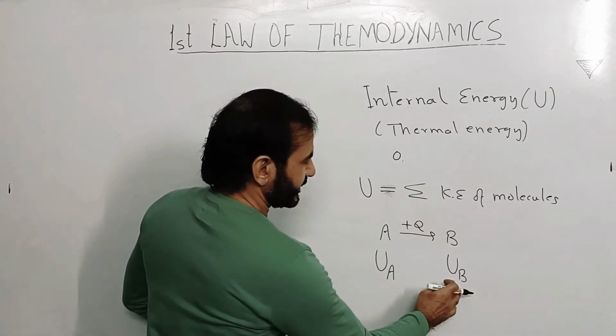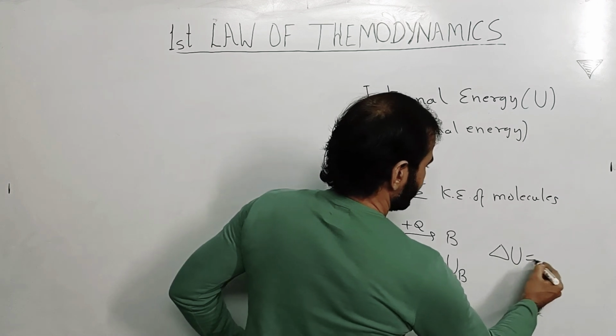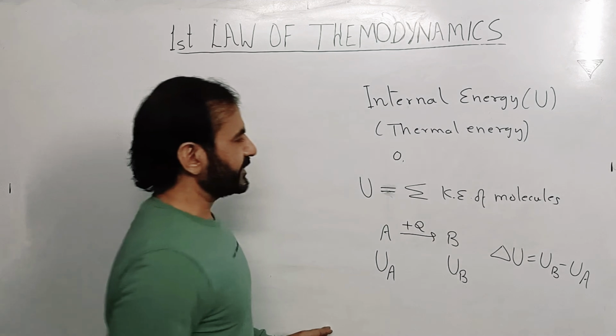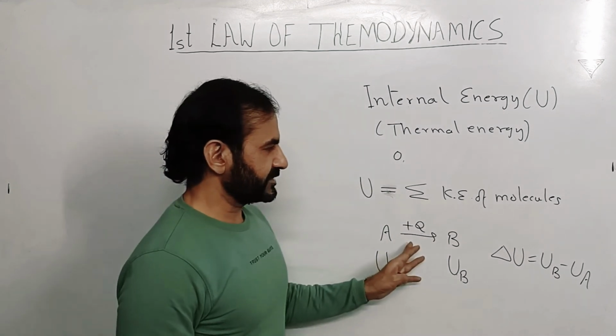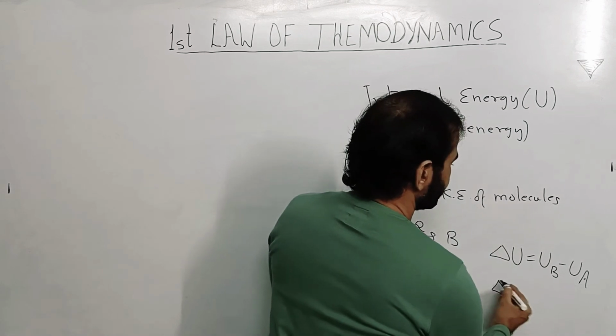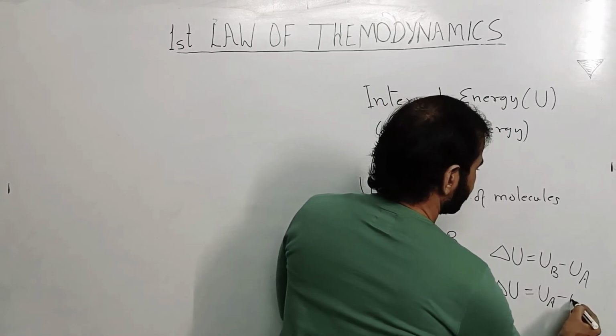Obviously UB will be greater than UA, or change in internal energy delta U will be UB minus UA. If heat is taken out, then UB will be smaller than UA. In this case, change in internal energy will be UA minus UB.